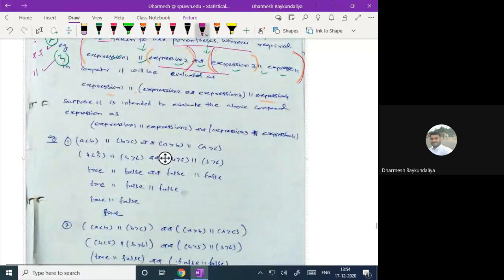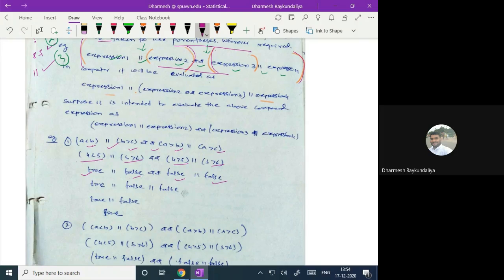So for example, this is an example. Let us take A less than B, then logical OR, B greater than C, logical AND, this and this. Let A be 4, B be 5, and C be 6. Now 4 is less than 5, true. 5 is greater than 6, false. 4 is greater than 5, false. And 5 is greater than 6, false.